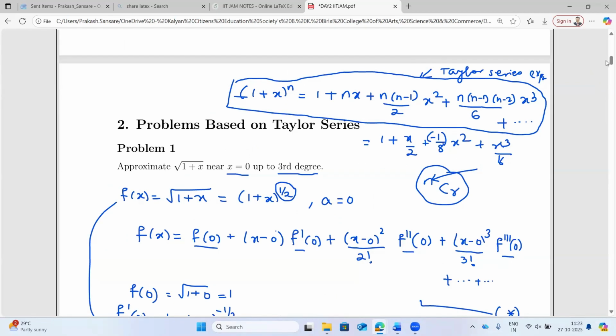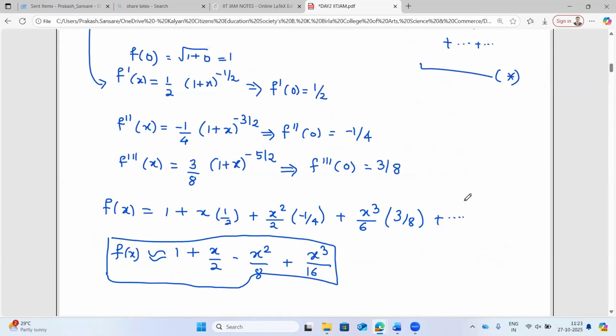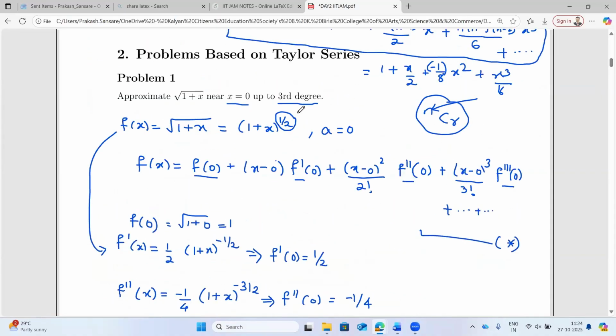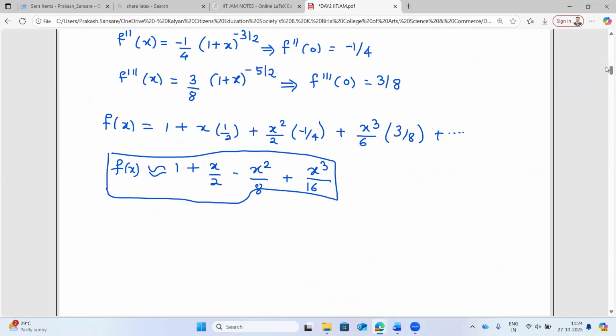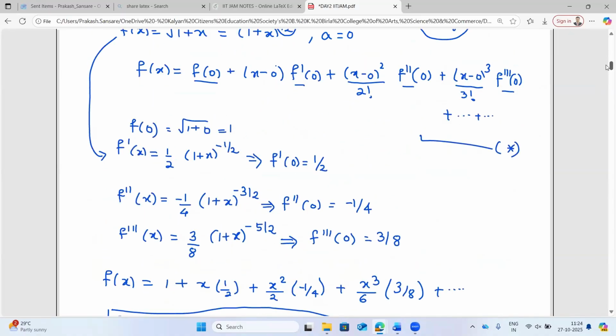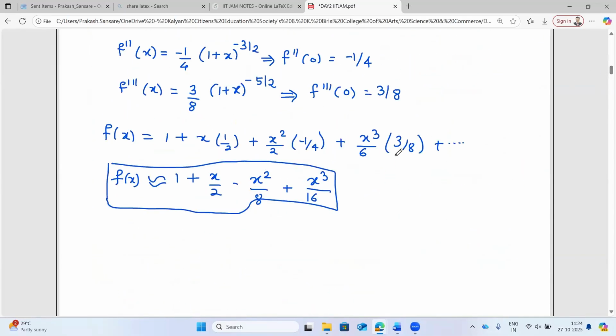This is basically a Taylor series expansion. If you know this formula, it's very good. But just to begin with, or to understand the Taylor series in a better way, I had taken this example. Now you may ask why I had taken this. Well, you can verify this formula with this Taylor expansion.